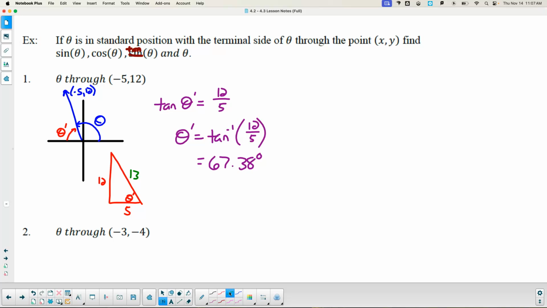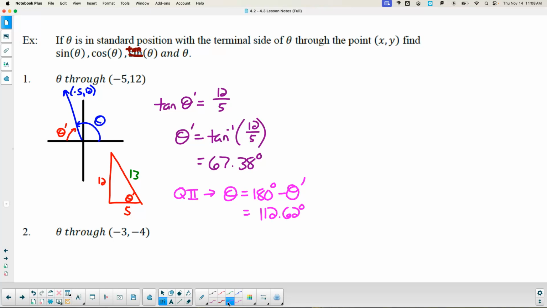Okay? So if that's my triangle, that's my theta prime, then my actual theta, because I am in quadrant number 2, is going to be 180 degrees minus my reference angle, theta prime. So actual theta is going to be 180 minus my answer, 112.62 degrees.